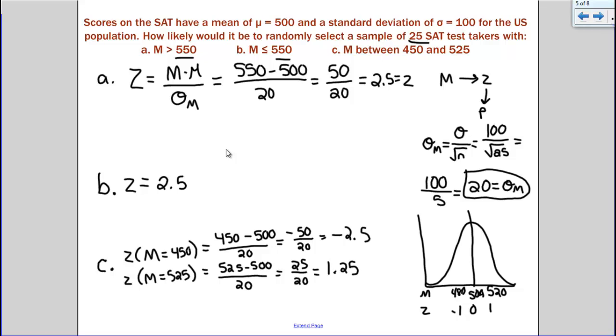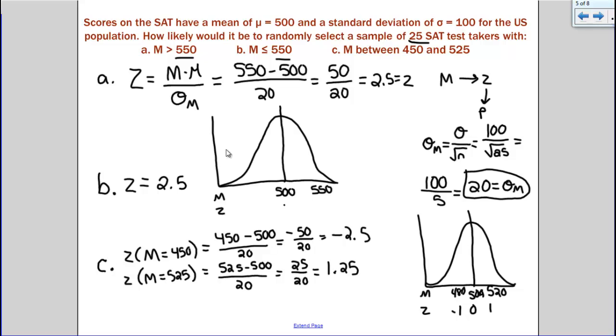Alrighty. So now let's go ahead and figure out our proportions, our probabilities that we're looking at. So for part A and B, we've got the same picture, right? So we've got our mean in the middle, which is 500. And in both cases, our score of interest is 550, which is right here-ish.